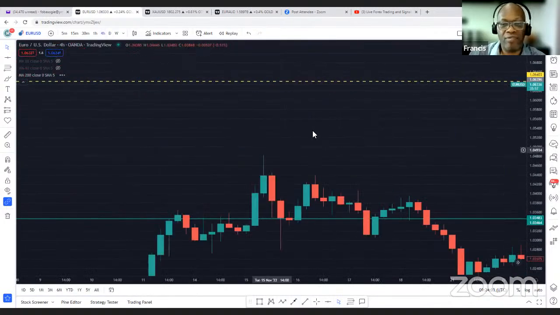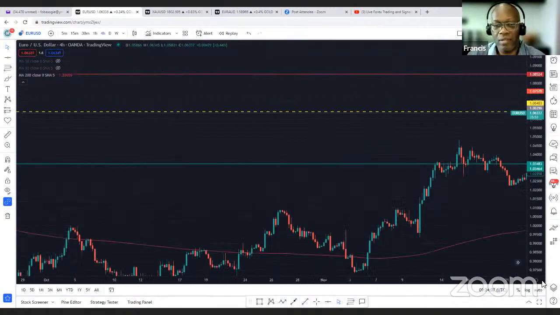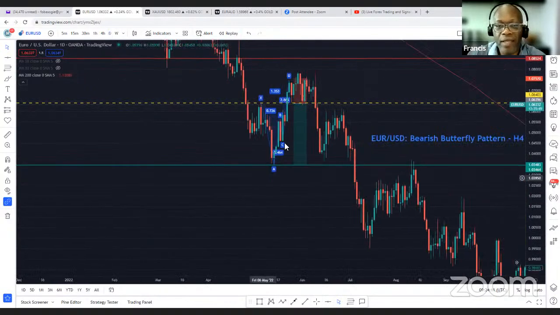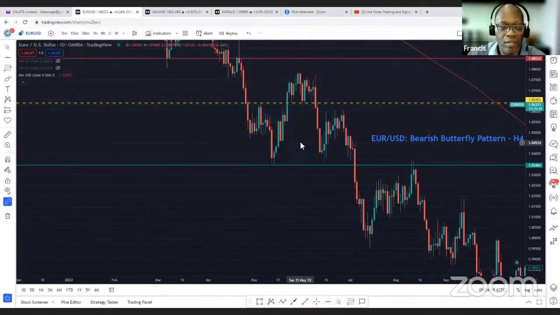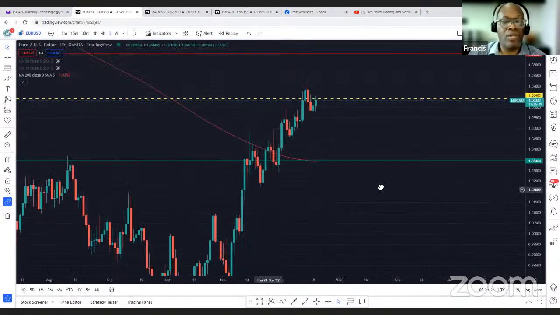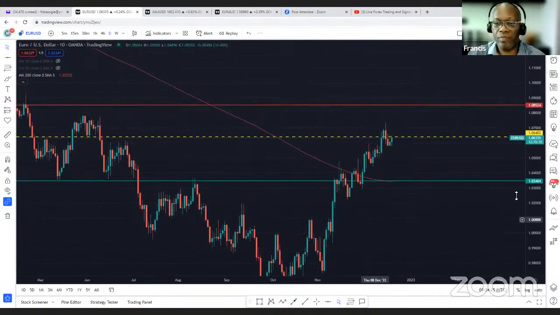That would have been on the 4-hour time frame. But anyway, let's just focus on today. Let's delete this. Okay, so this is the daily time frame on Euro USD.